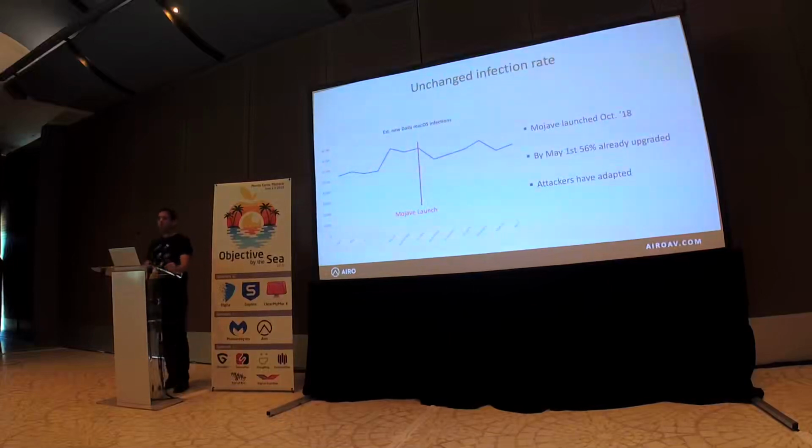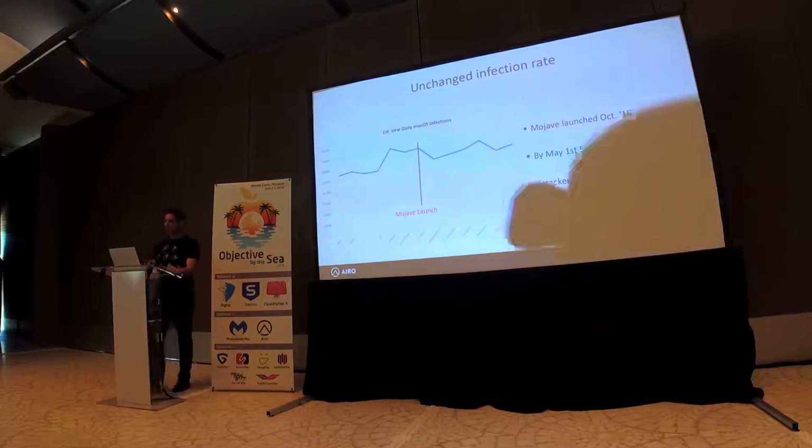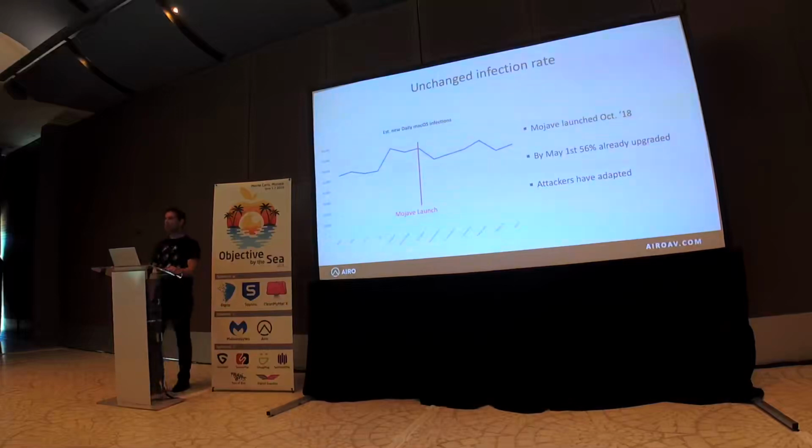So let's see what happens in macOS Mojave. This is our estimate of newly infected machines daily, in the past year or so, before and after the launch. And you can see the trend is basically not changing a lot. Today we are at 56% adoption of macOS Mojave, which is exactly the installation number High Sierra had before Mojave was launched.